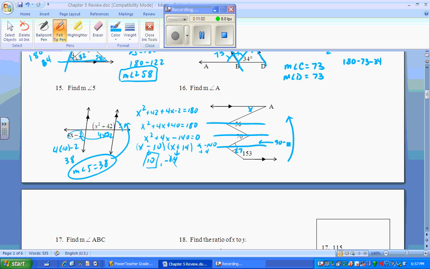This angle would be 90 minus 27, giving you 63. 63 is over here, which means this is 7, because 70 minus 63 means 7 is over here. And then this angle is 56 minus 7, so it's 49, which means the measure of angle A is equal to 49.